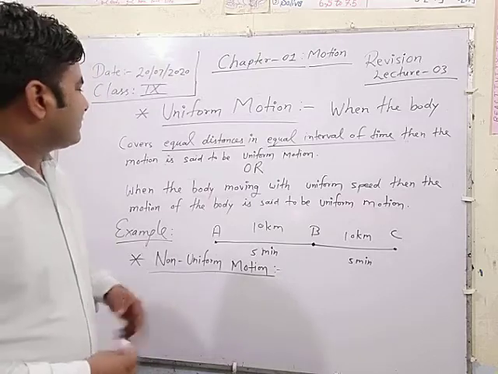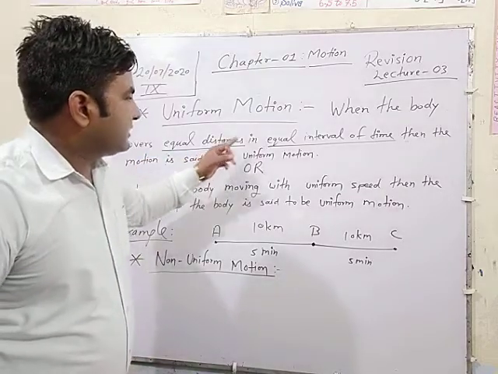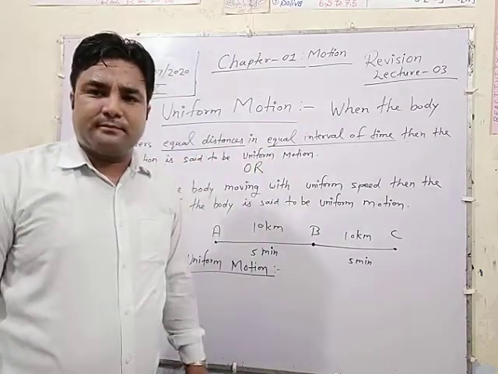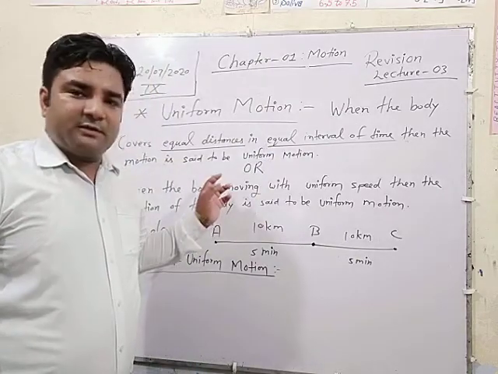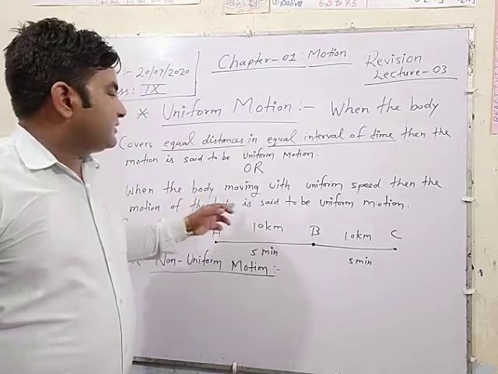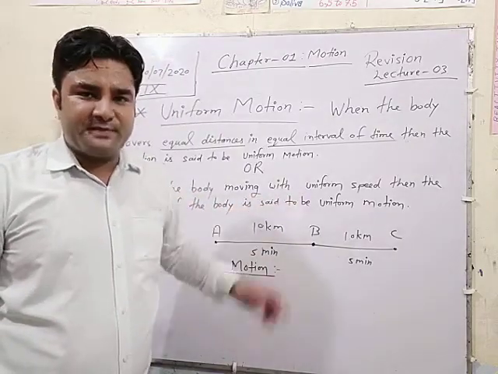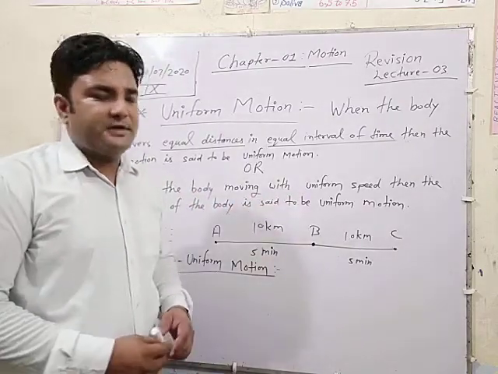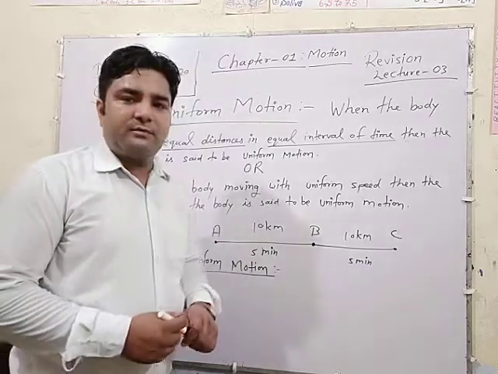I will say that when a body covers equal distances in unequal interval of time, then the motion of the body is said to be non-uniform motion, or in other words, when the body is moving with non-uniform speed, then the motion is said to be non-uniform motion.